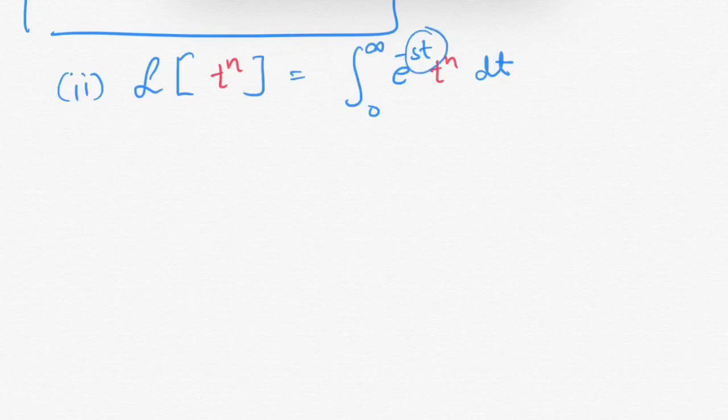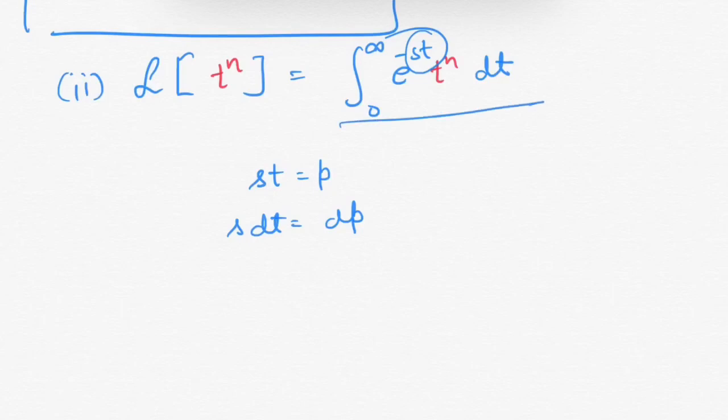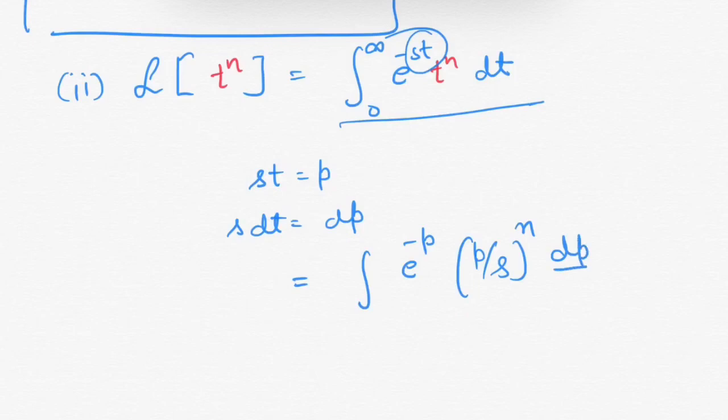Substitute st equals p. On differentiating we have s dt equals dp. Now substitute t and dt into this equation. So this equals the integration e raised to power minus p, t will be p over s raised to power n, and dt will be dp over s.